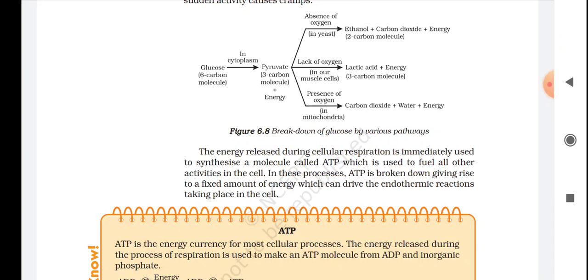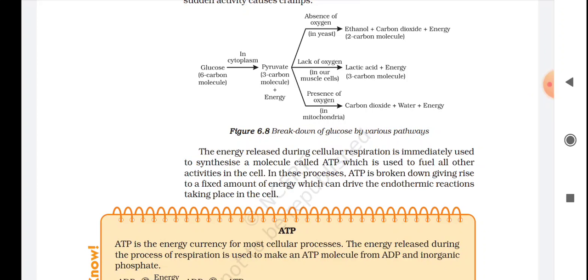In ETC. This is the final step in which ATP is produced. This also occurs inside the mitochondria, right? The Krebs cycle is also done in the mitochondria, and ETS is also done in the mitochondria. Don't be confused. Both these steps are done in the mitochondria.